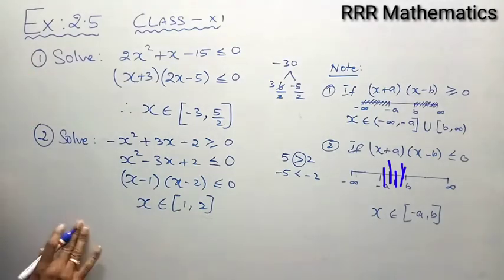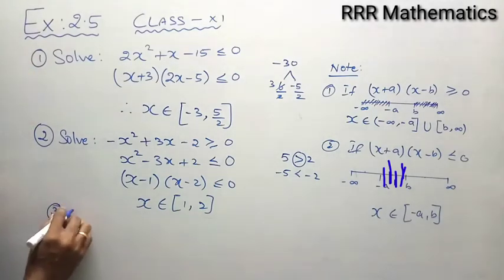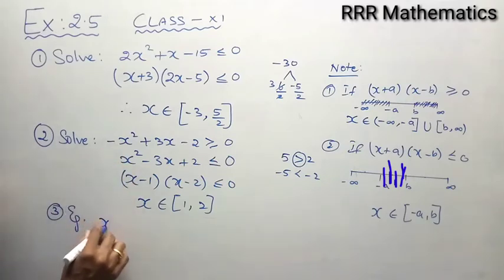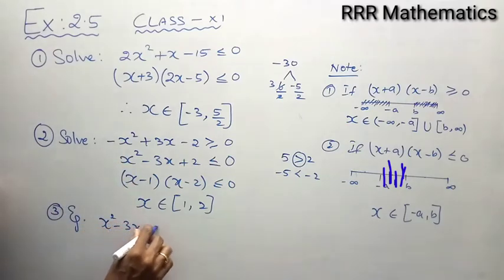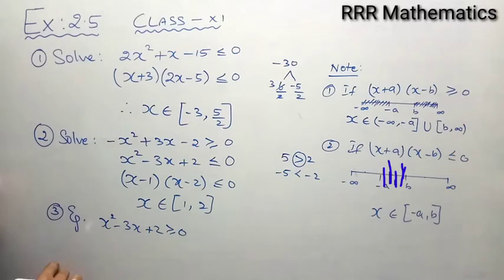For example, I will give an example. The same problem: x square minus 3x plus 2 greater than or equal to 0. When you factorize, x minus 1, x minus 2 greater than or equal to 0.